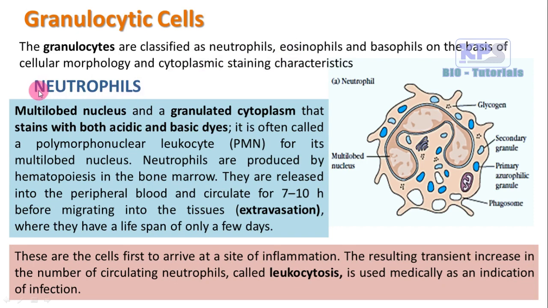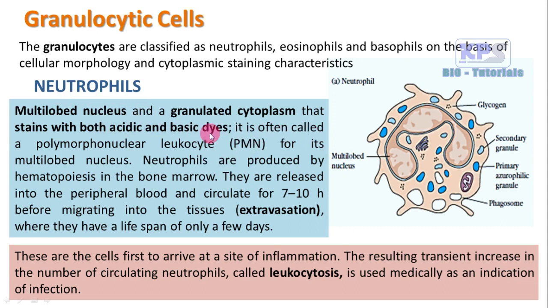First of all, we discuss neutrophils. You are very familiar with neutrophils. Their major peculiarity is the multi-lobed nucleus and granulated cytoplasm that stains with both acidic and basic dyes. It can be stained with both acidic and basic stains, thereby it is called a neutrophil.